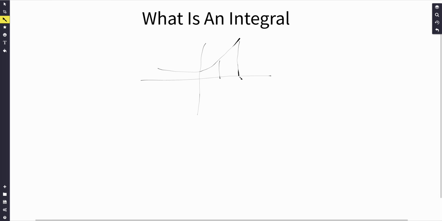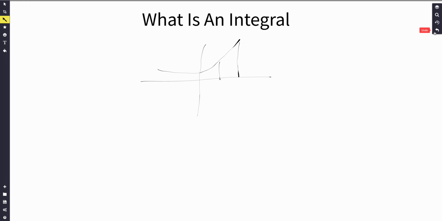We don't know how to do that without integration rules. But if we just make rectangles, we know the area of a rectangle is length times width. So we can use that knowledge and apply it here. I'll show you guys what I mean.